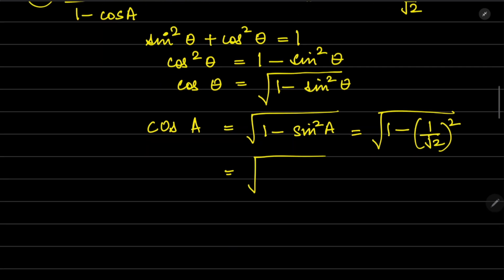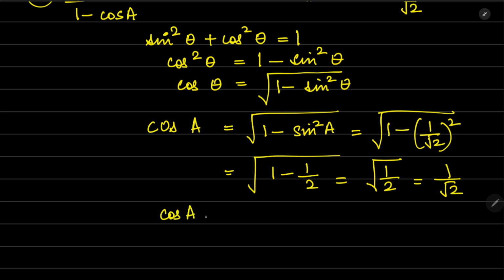So this is square root of 1 minus 1 by 2, which is 1 by 2. So square root of 1 by 2 is 1 by root 2 again. So cos A is nothing but 1 over root 2.